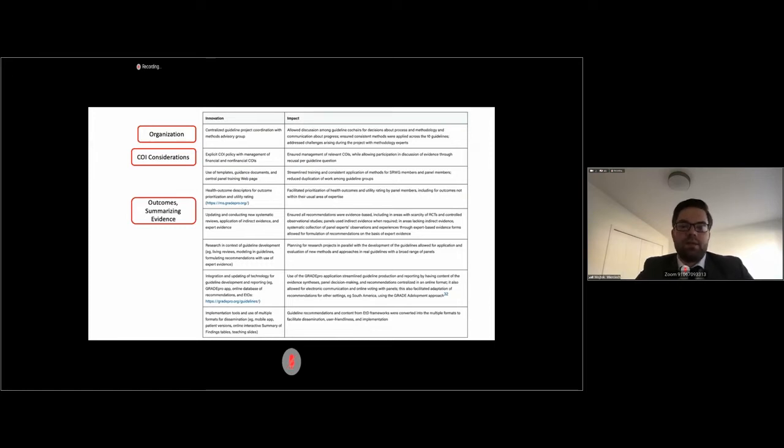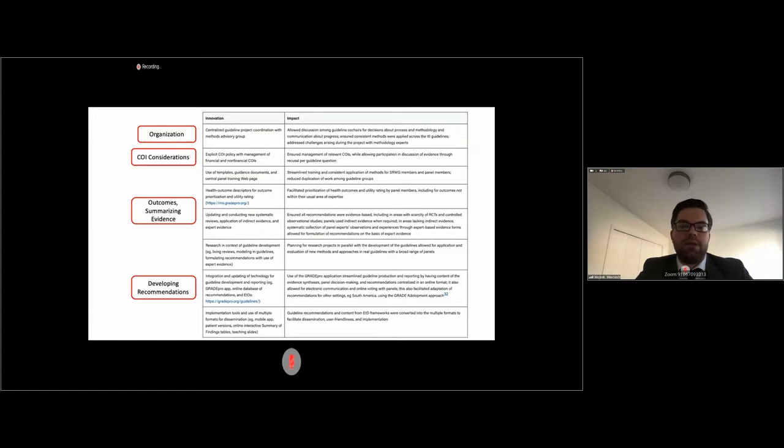And this was done for each of the questions using standardized methods and templates following Cochrane methodology to conduct the systematic reviews.